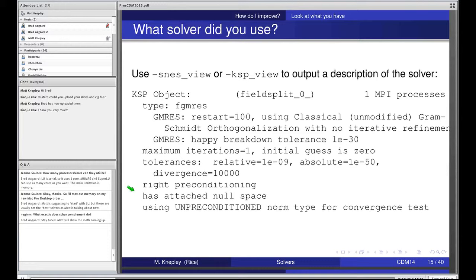So we need to tell the solver about these, and the way you do it is you attach a null space. And it's a null space because when you act with the operator on a translated or rotated configuration, you get no change in energy.